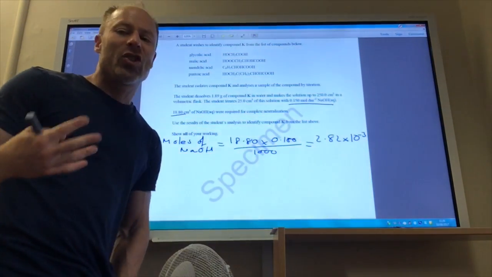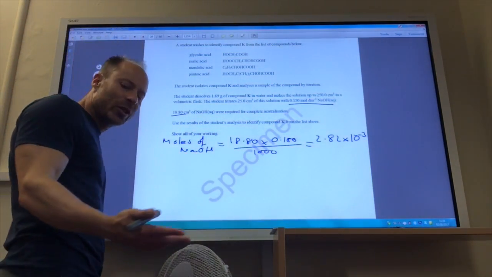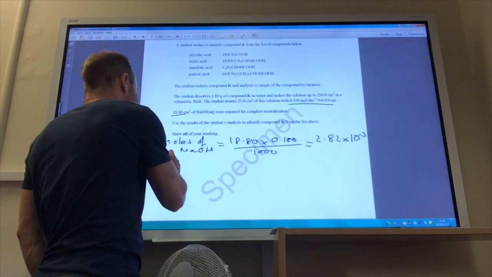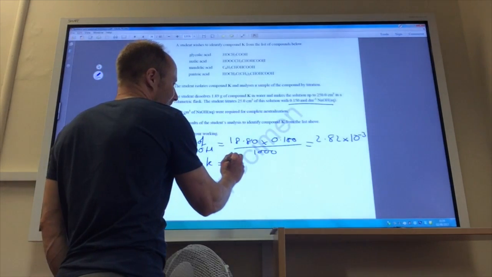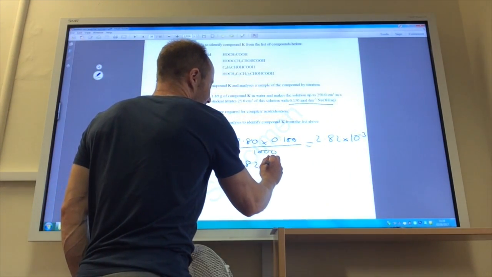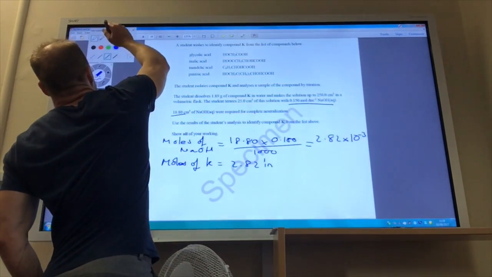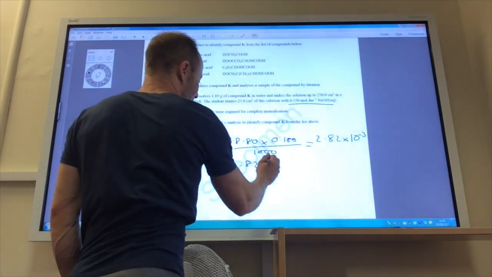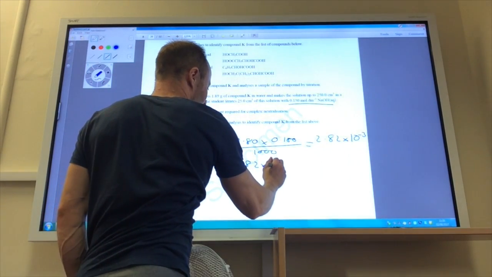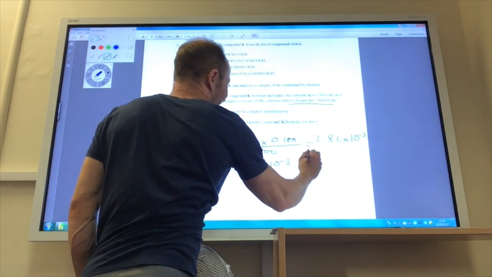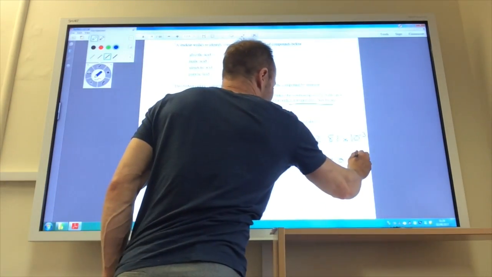Right, so let's assume it's a one-to-one reaction. If we do that, then the moles of K will be the same, 2.82 times 10 to the minus 3, and that is in 25 centimetres cubed.